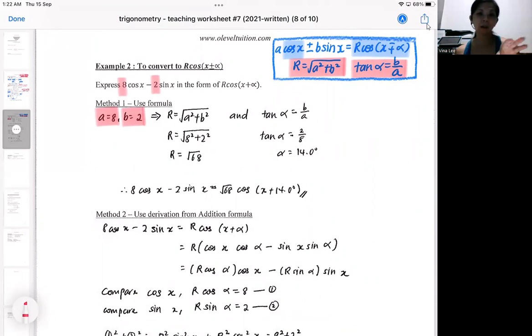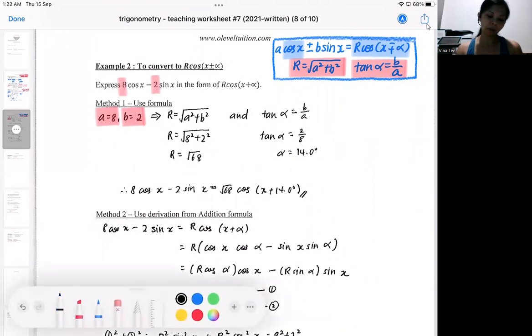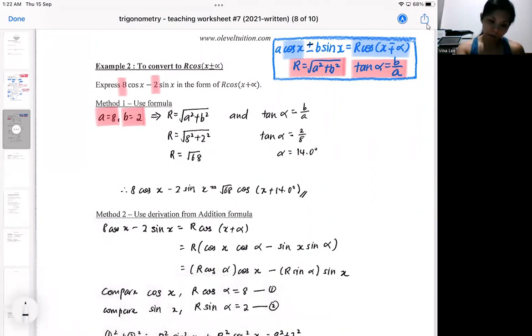Cosine comes first, so you're going to use the R formula for cosine. But the trick about this cosine thing is if this is a plus, it will be a minus. If this is a minus, it will be a plus. It actually follows the addition formula for cosine, which we can see in the second method.